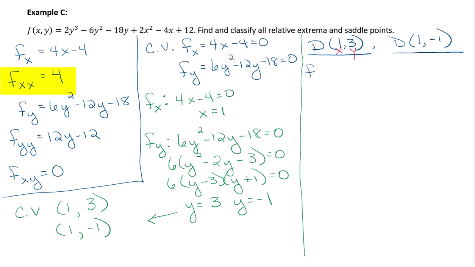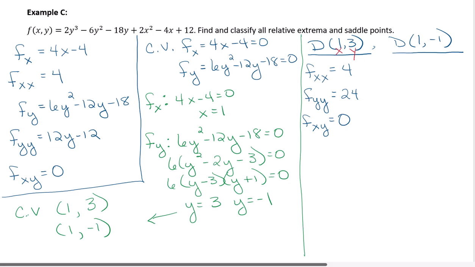For the second partial derivative with x and x, we will still get 4 since there's no x or y in there. For f with respect to y and y, we're going to get 24, 3 times 12 minus 12. And then for the mixed partial derivative of x and y, it will remain 0.